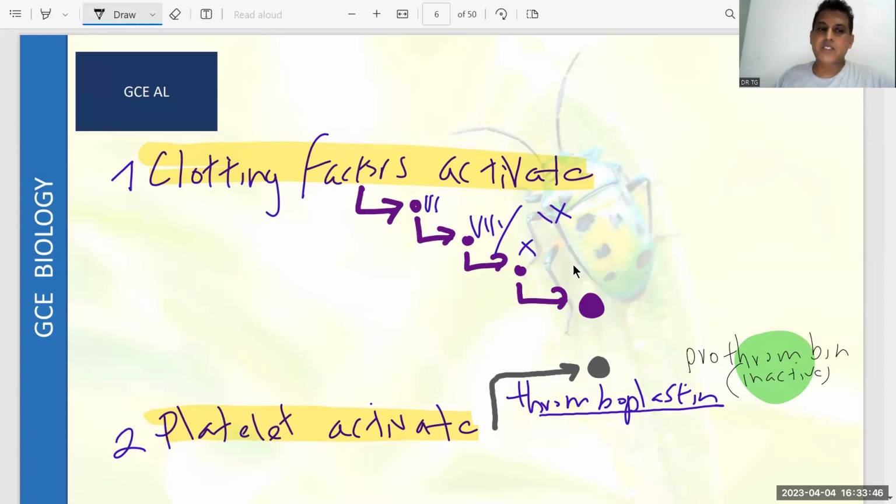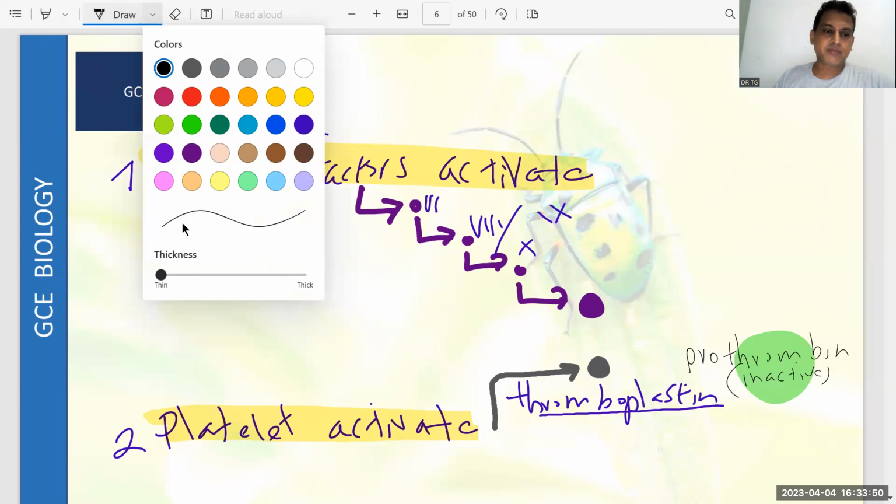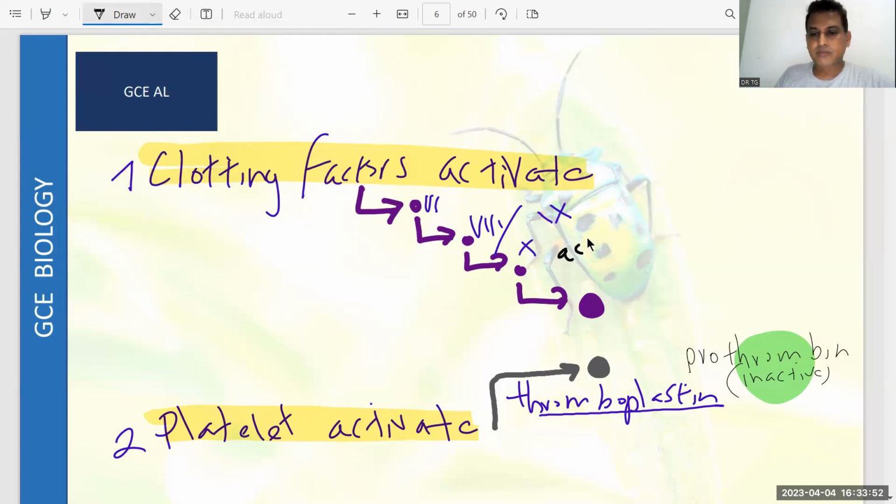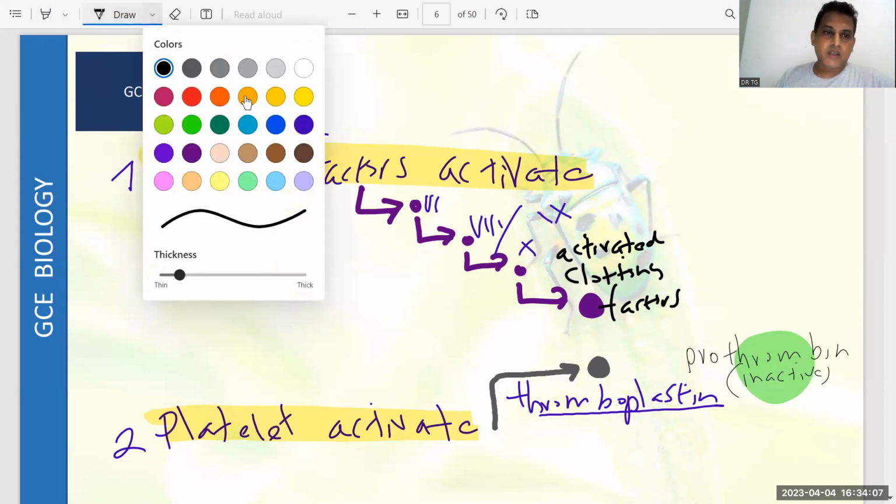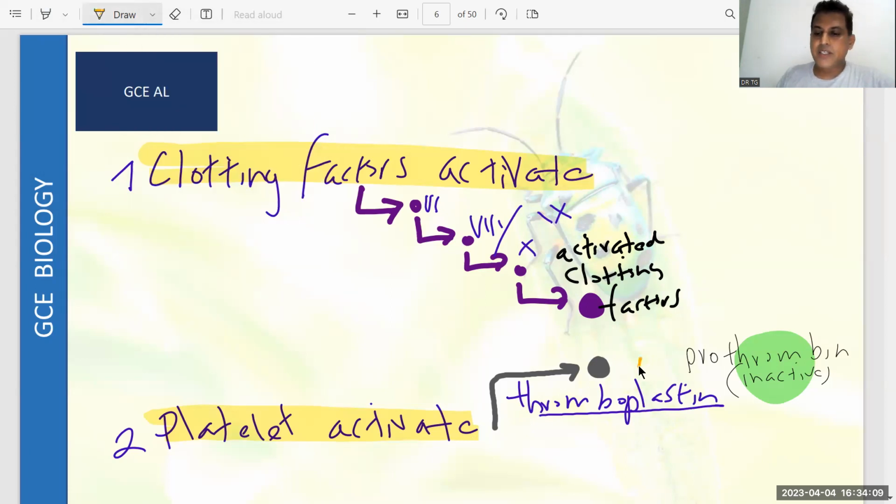But in the presence of activated clotting factors and molecules released from platelets, for example thromboplastin, there is now an effect on prothrombin.